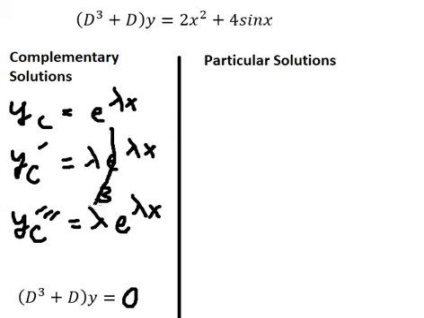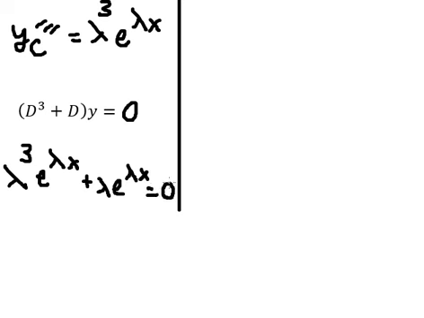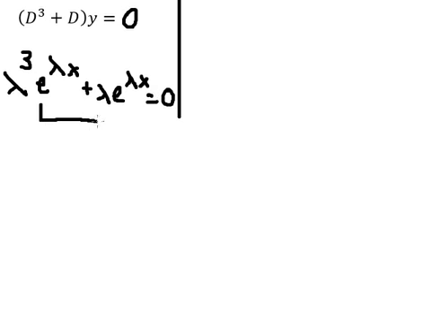So I will put this one in here, and this one in here. So we have it like this. So e to the power of lambda s, we can do factorization.